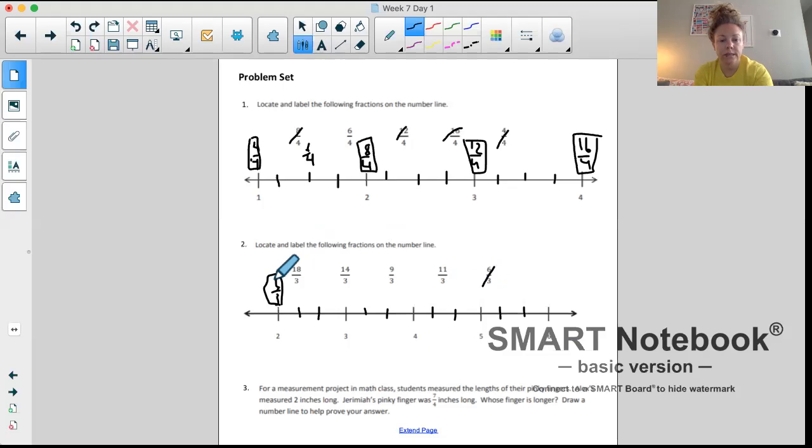So if this is 6/3, this will be 9/3. And of course we box. I notice that it's up here, so I can cross that off. 6, 9, next would be 12/3.